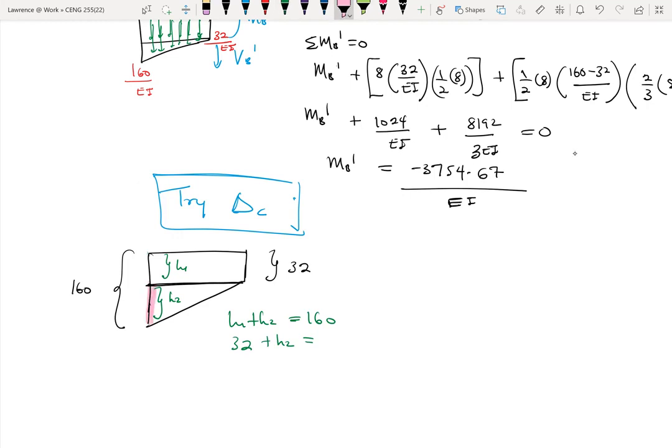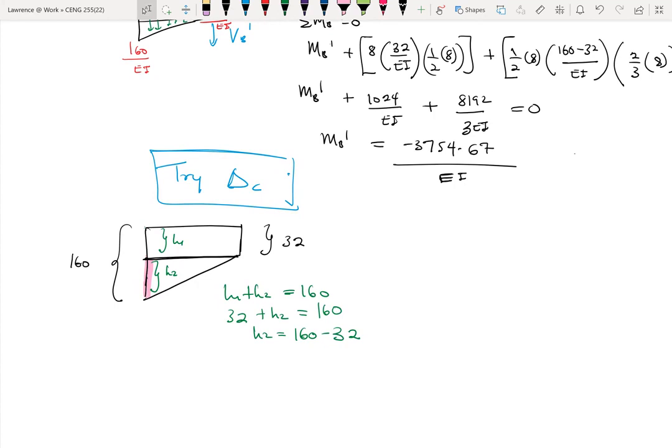That's how come I do the subtraction, because height 2 will be equal to 160 minus 32. Is that clear enough? Yes, very clear. Thank you, sir. You're welcome. It's a very good question. Please take note of it, because sometimes some students just mistakenly use the 160 for all.